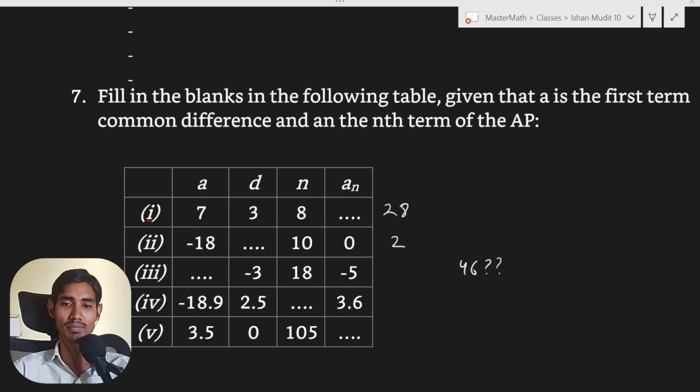Third one, anyone apart from Mohita? Sir, I got A value is 46. Very good.